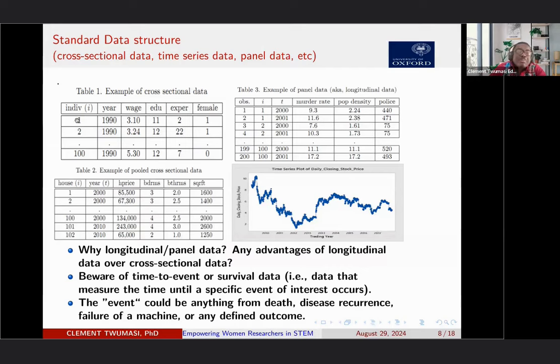Let's say I pick the first individual, and I record that individual's set of information over time from 1990 to, let's say, the year 2000. If I repeat the same thing for all other individuals, then the overall data that I have is what we call longitudinal data. You have to be very aware of these because it can affect the choice of statistical methods you use entirely.